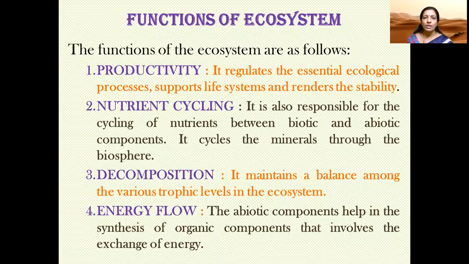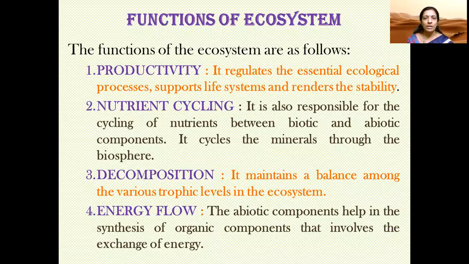The second important function is nutrient cycling. That is, the ecosystem is responsible for cycling of nutrients between the biotic and the abiotic components. The third important function of the ecosystem is decomposition.